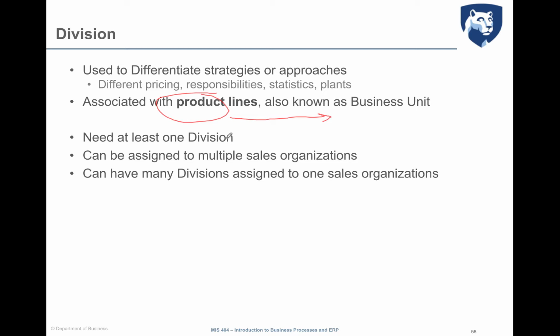So a division can be assigned to multiple sales organizations, and a sales organization can also include many divisions, but must have at least one division to refer to, because it is the main point of reference to the product that it needs to bring to the market. So if there is no division, no business unit, no product lines, we don't know which type of product this sales organization is asked to deliver to the market.